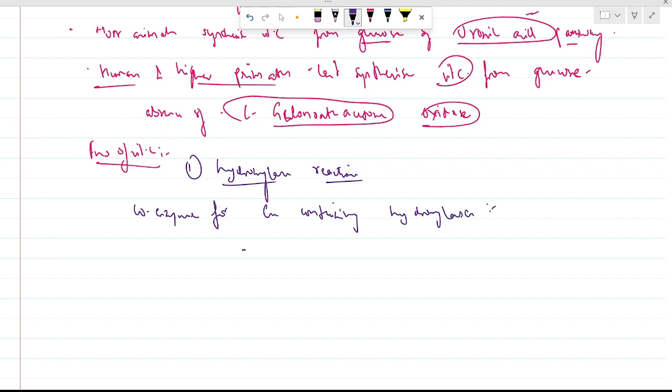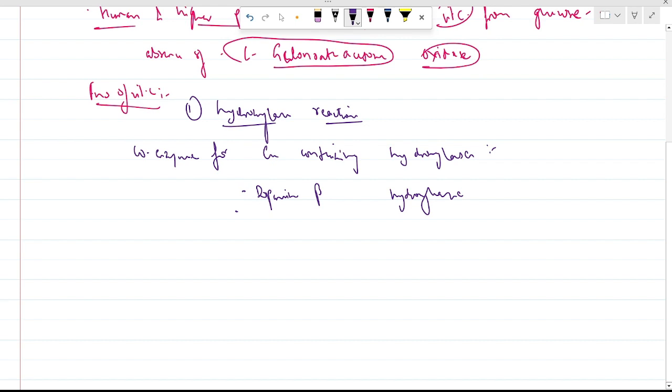For example, remember dopamine beta hydroxylase, not carboxylase, it's dopamine beta hydroxylase.